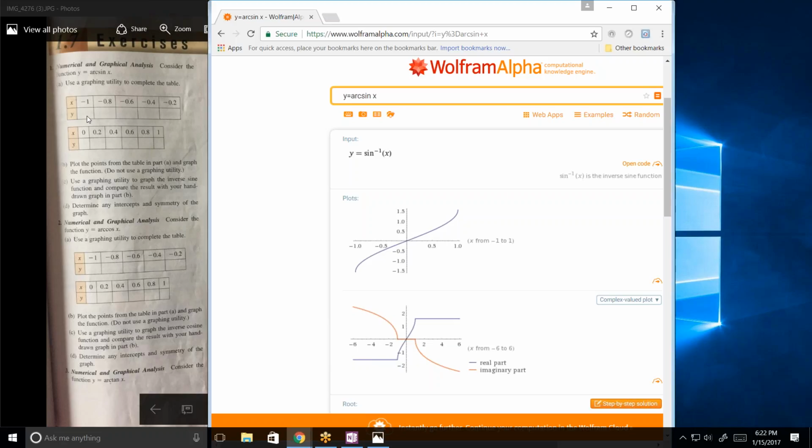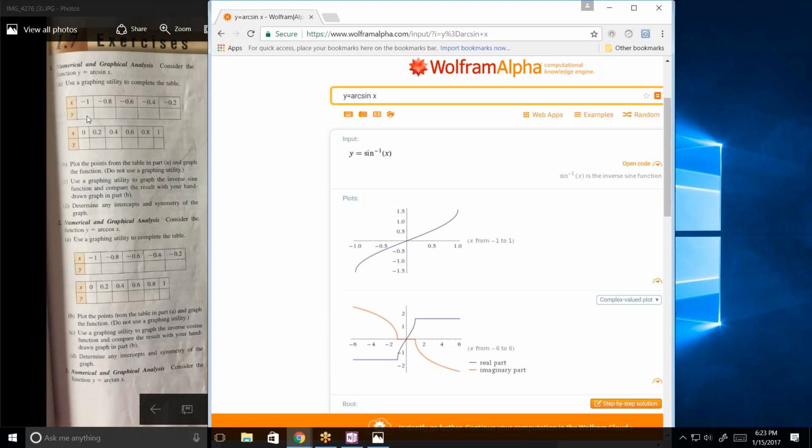Now, assuming that they want you to read the graph, then let's give them answers in decimal, since that's what my graph shows. In other words, my graph doesn't show pi over 2 and minus pi over 2 like you would prefer.